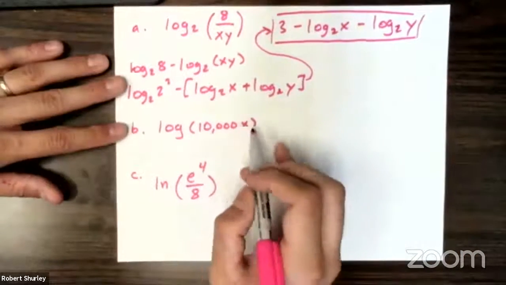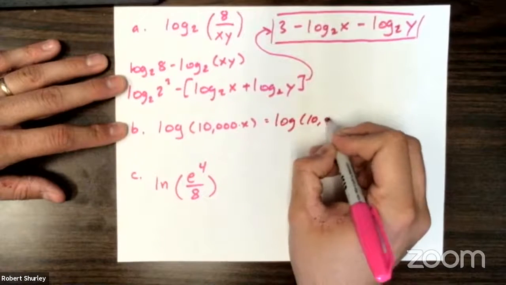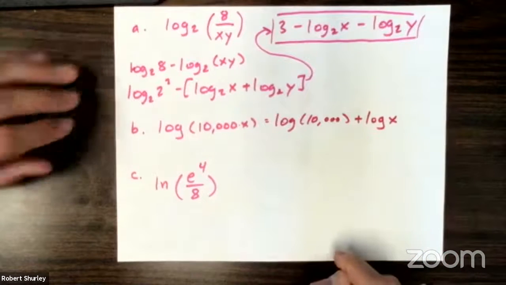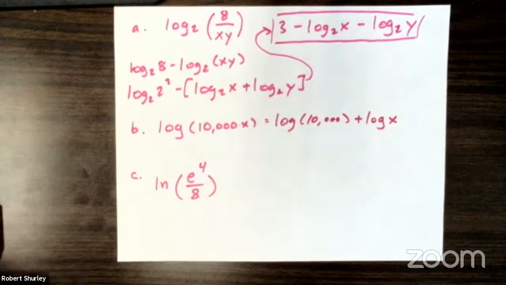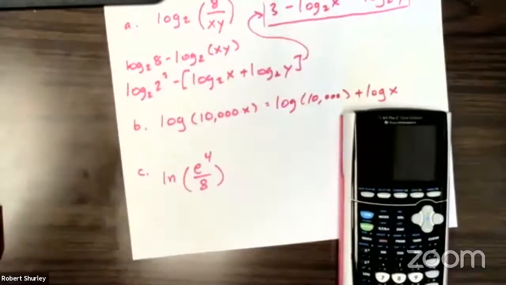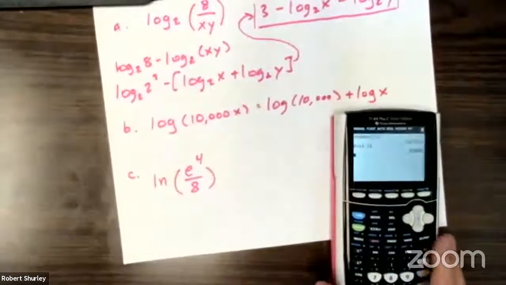Now the next one, though, it's just multiplication. So it's going to be log of 10,000 plus log of x. Now log of 10,000, what's nice about log is it's in our calculator, right? So I'm going to be efficient. I'm going to use the calculator.